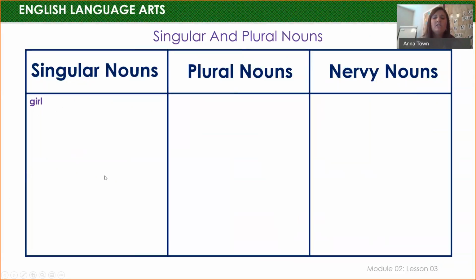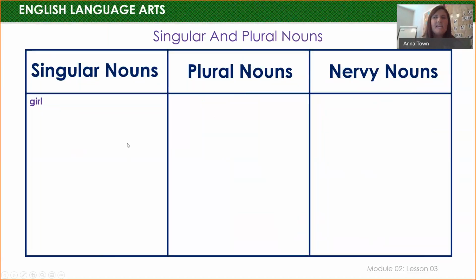Shells. 2, it's plural. We're talking about more than one shell. Horses. 2, we're talking about more than one horse. Castles. It's a 2 again. We're talking about multiple, more than one castle.